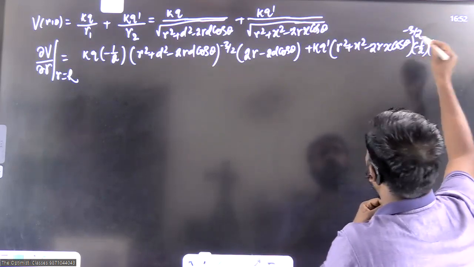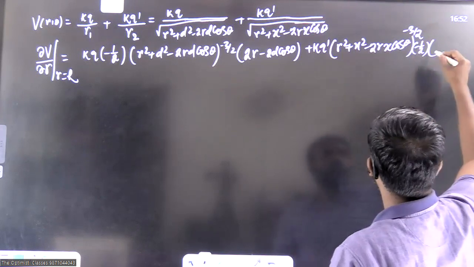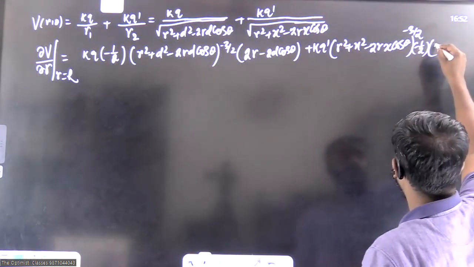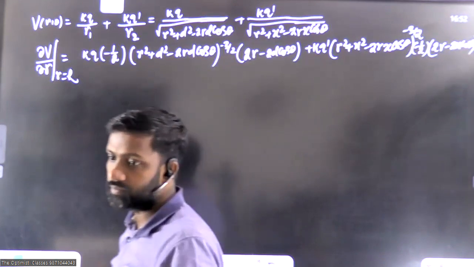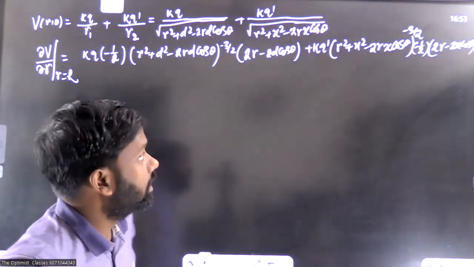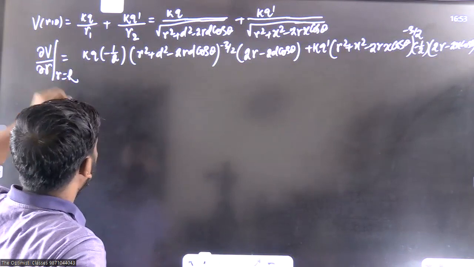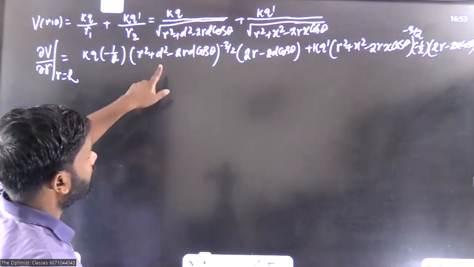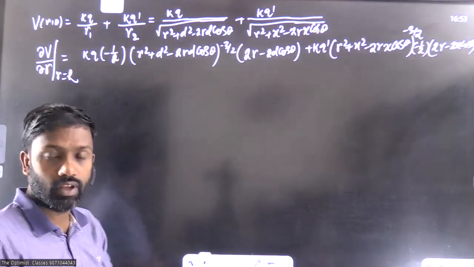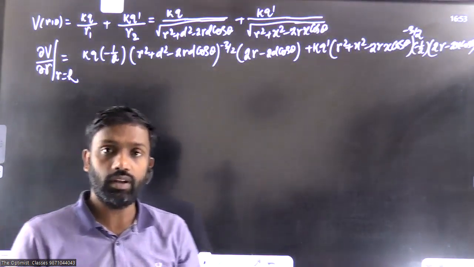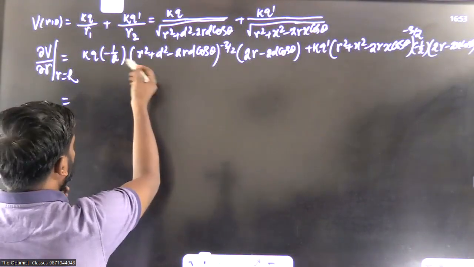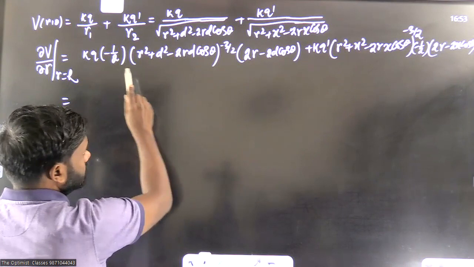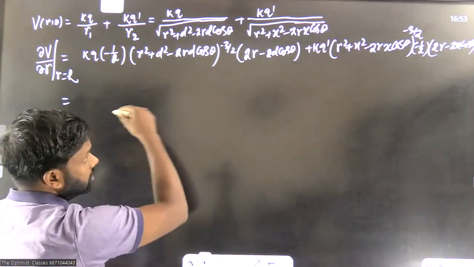Now when you differentiate the inside term, you get 2r minus 2x cos theta. This is the differentiation of V with respect to r. We are going to put r equal to capital R everywhere, because we are calculating the derivative near the surface of the conductor so that we get the electric field there. We can cancel common terms: 2 is common, so it cancels with this 2, and there also.